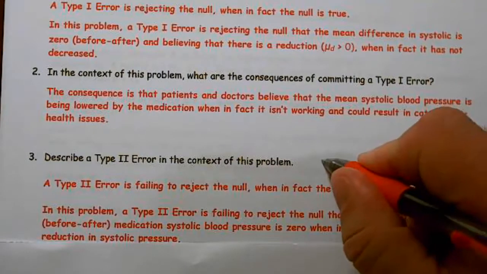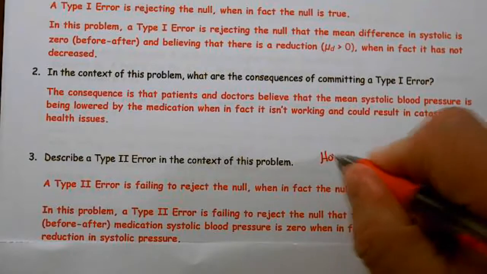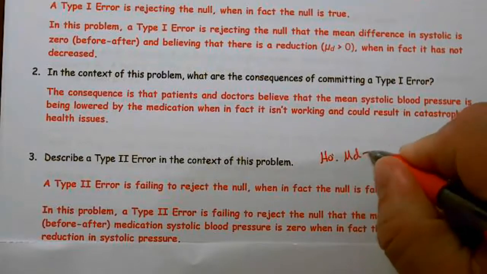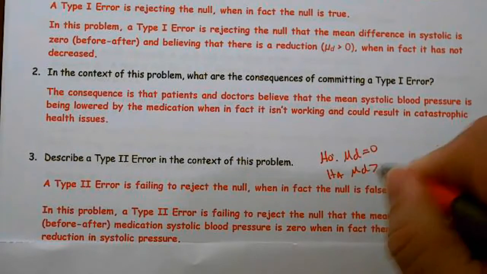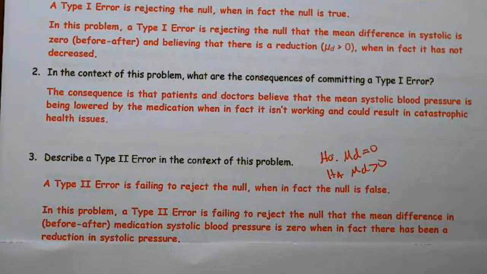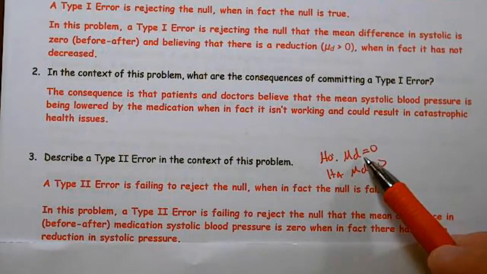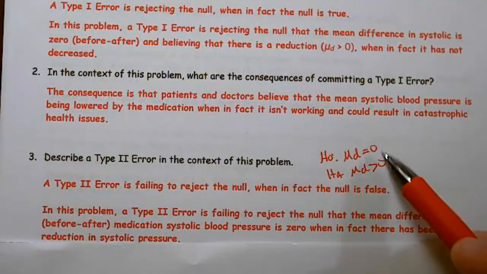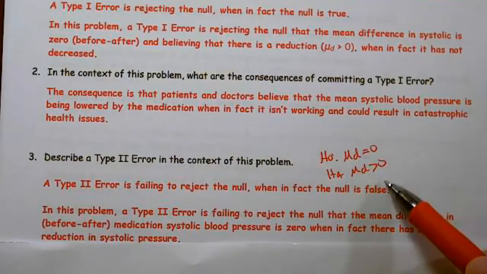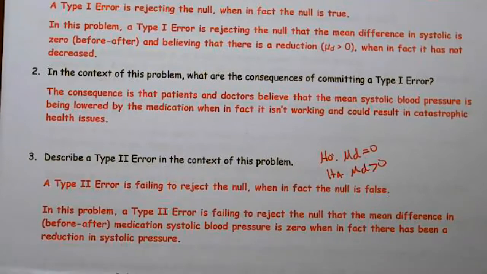Once I had them up there, I didn't redo them, but technically I should have: mu d equals 0, and the alternative, mu d is greater than 0, and I need to define the parameter. But I've done it previously, so I'm not going to do it again. So we failed to reject this when in fact it was false. We continued believing this when there actually was a reduction in systolic pressure.